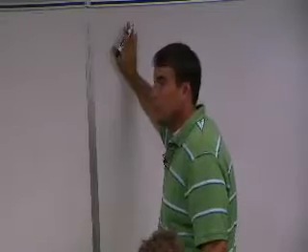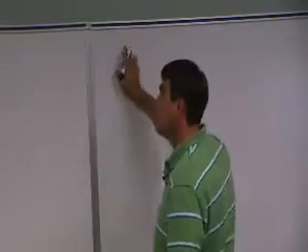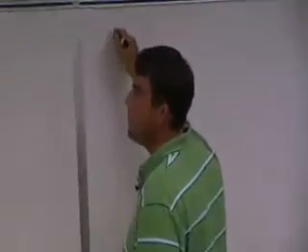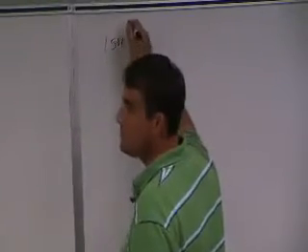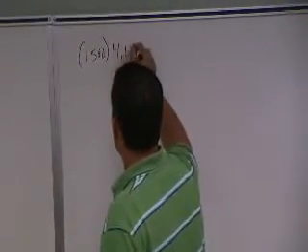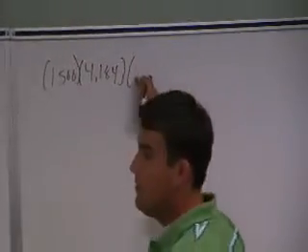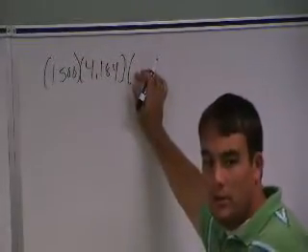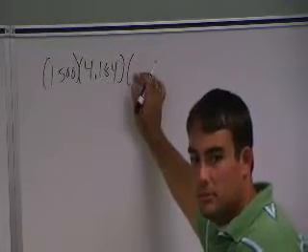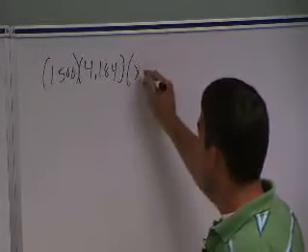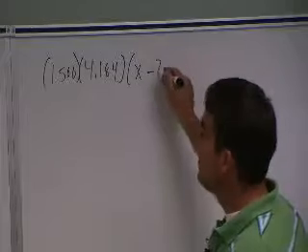Let's do that because that was a suggestion. Okay. Well, the mass of water is 1,500, times 4.184. Then the final temperature of water would be what? Is that what we're looking for? Yeah. That's X minus the initial temperature of 75.